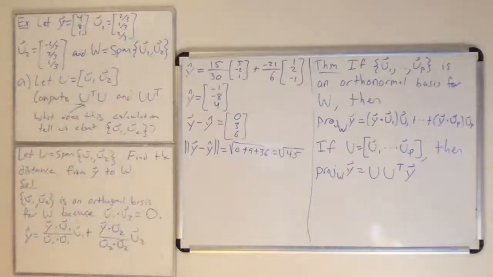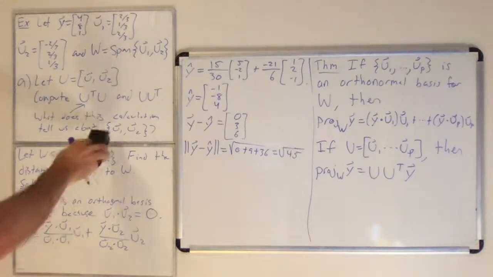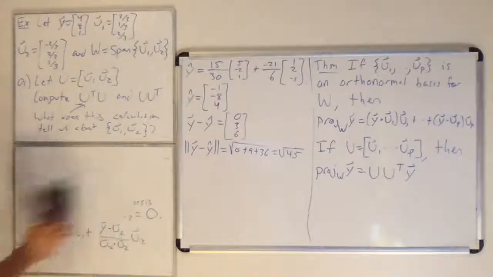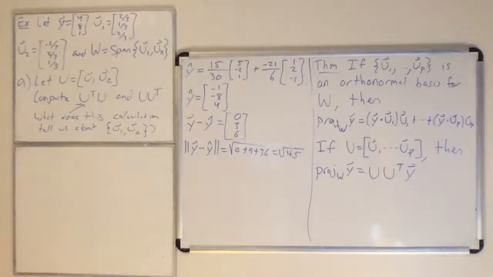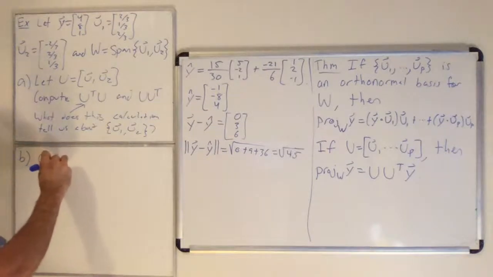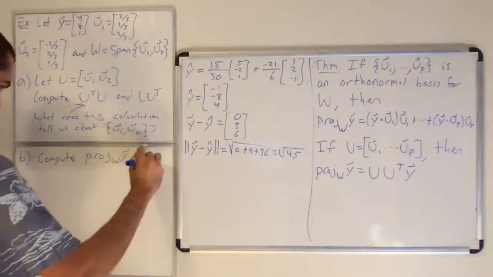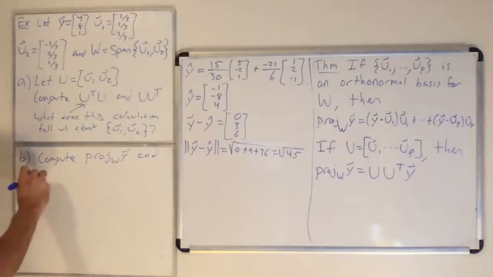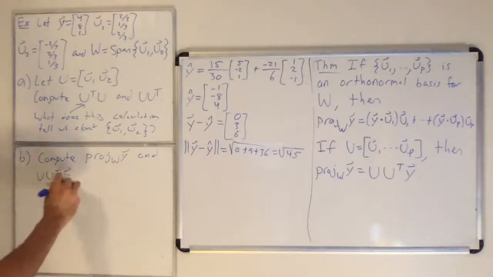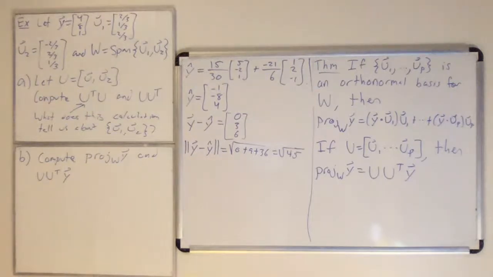You should answer this: what does the computation U transpose U tell us about this set of vectors? So that's part A. And then part B: compute the projection onto W of y and this product, U transpose y. And maybe explain why you're not surprised that you get the same vector both times.